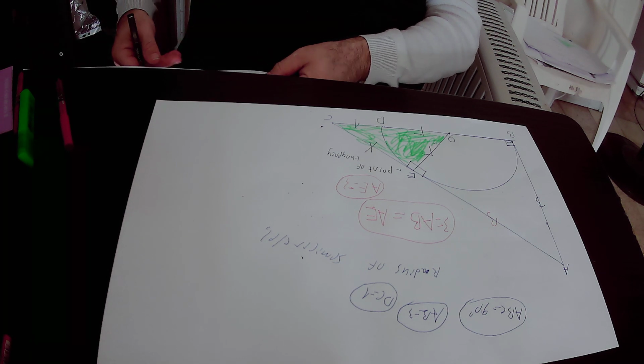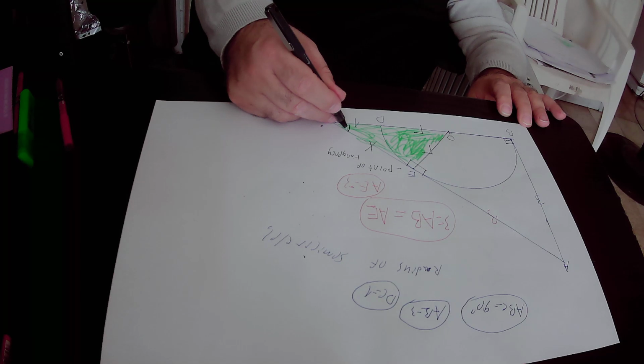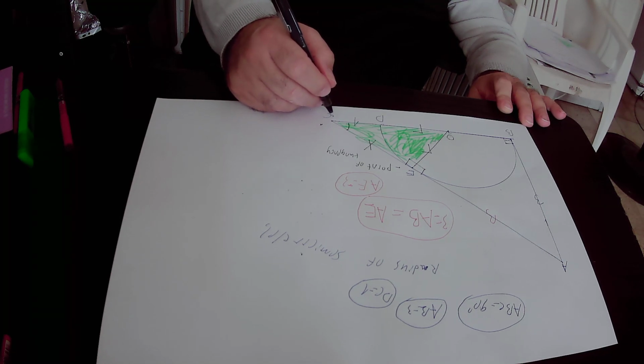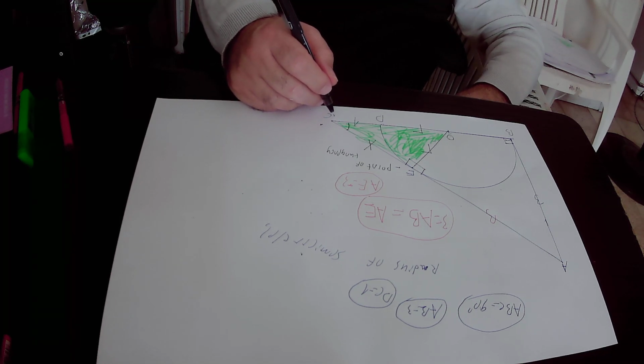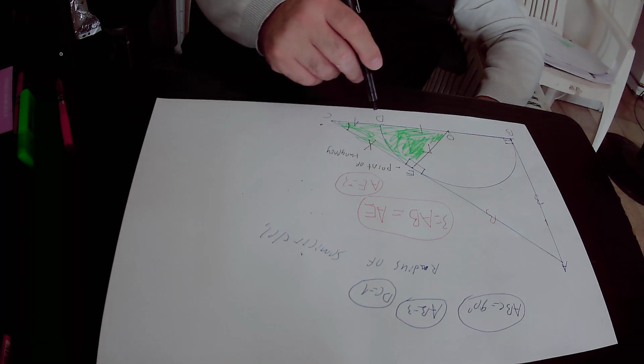And we also have here this angle, I will call it angle C. Angle C is a common angle. It belongs both to the big triangle, triangle ABC, and angle C also belongs to the green triangle.